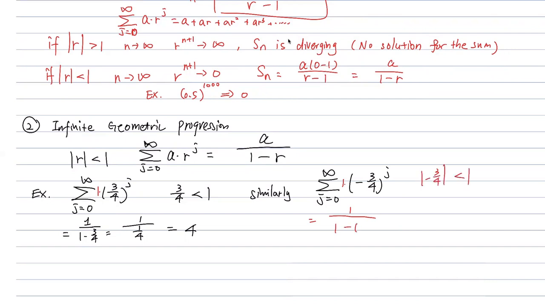That is 1 over 1 plus 3 over 4, so 1 over 7 over 4, which is 4 over 7. So if you have a negative value, it is the same idea.